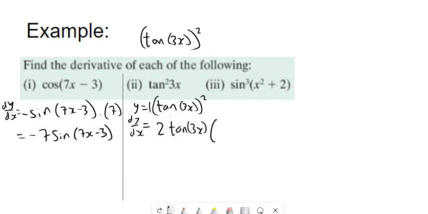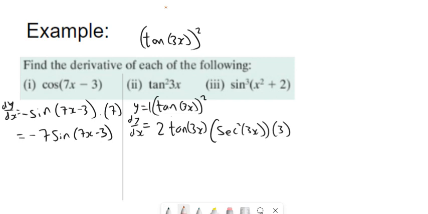So now I have to multiply by the differential of what is inside, but inside that squared bit there is all of the tan 3x. So I have to differentiate tan of 3x now, and that would be sec squared of 3x, but I must multiply that by the differential of what's inside the bracket in here. So it's like I'm doing the differential twice, and what's inside there is 3x, so the differential of that would be 3. So that's complicated.